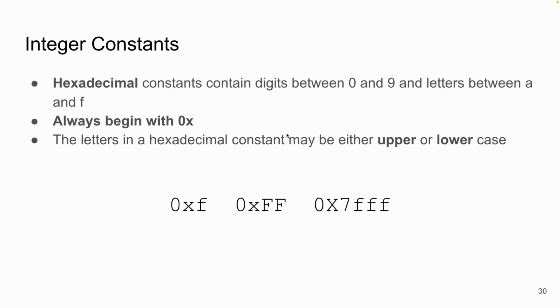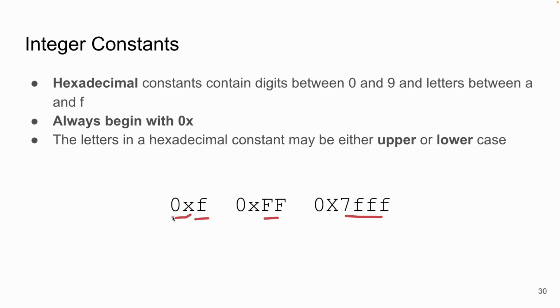Finally, how can we write down a hexadecimal constant in C? To write down a hexadecimal number in C, we write down the correct digits for the hexadecimal number first, and we begin this number with 0x.